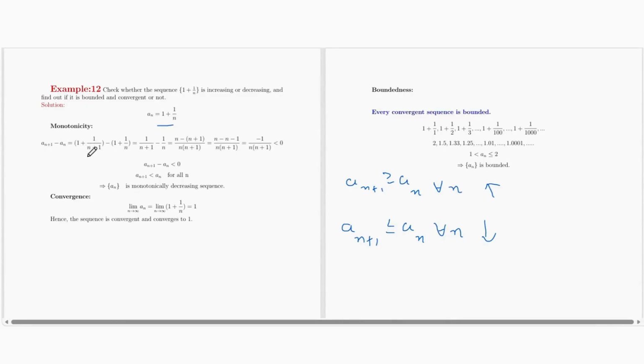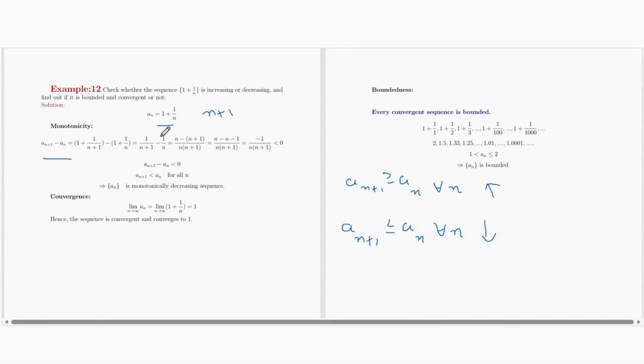In these two definitions we are comparing a_(n+1) and a_n, so first take the difference a_(n+1) minus a_n. How do we get a_(n+1)? It is the (n+1)th term, so in the a_n term, everywhere n is replaced by n plus 1.